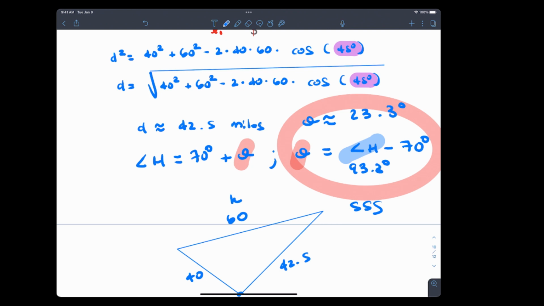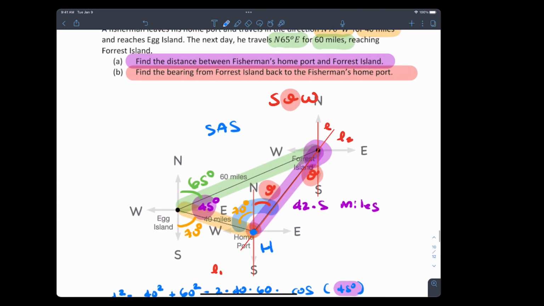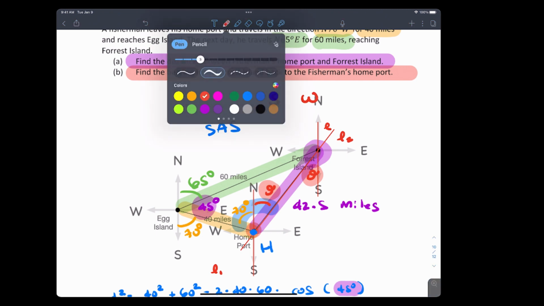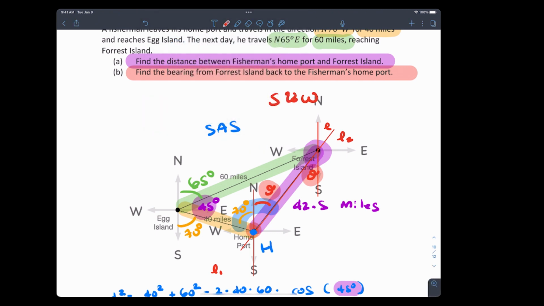Now, we can keep it as a decimal, or we can approximate that to a whole degree if you want. But your final answer now, ladies and gentlemen, that's our theta, 23 degrees. So 93 minus 70.